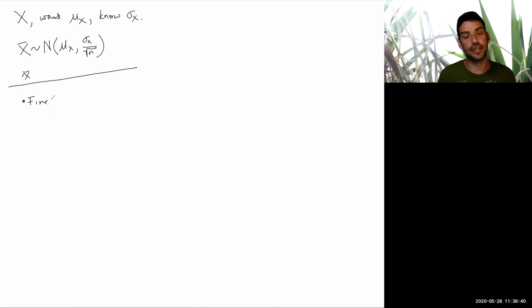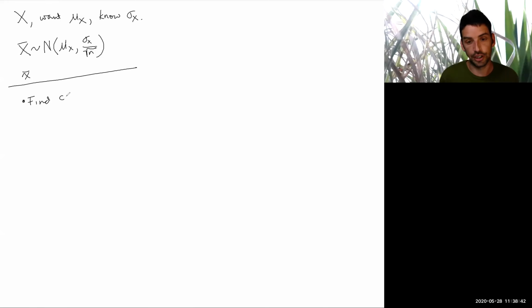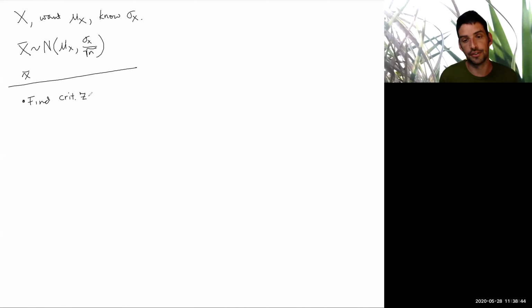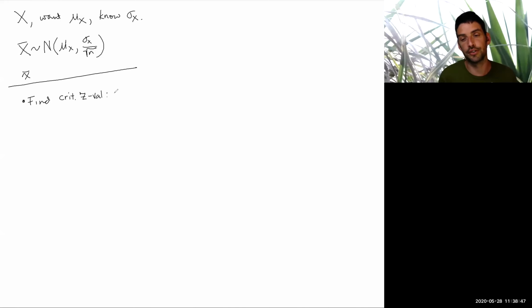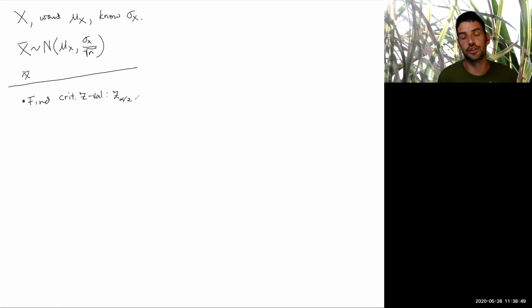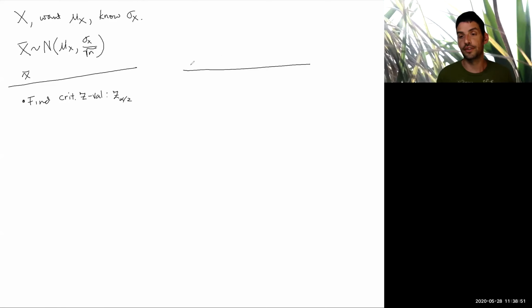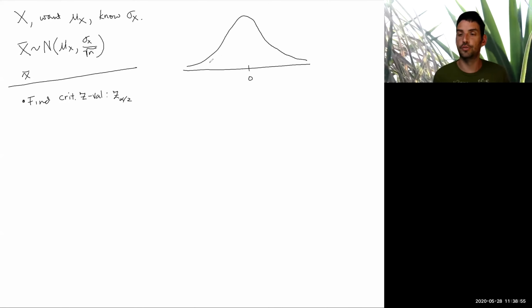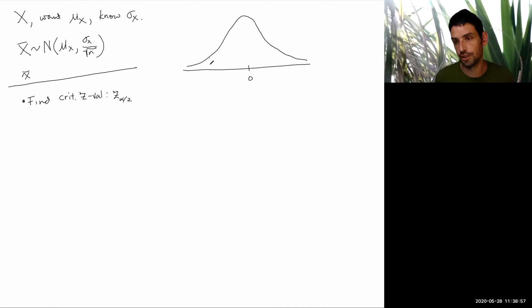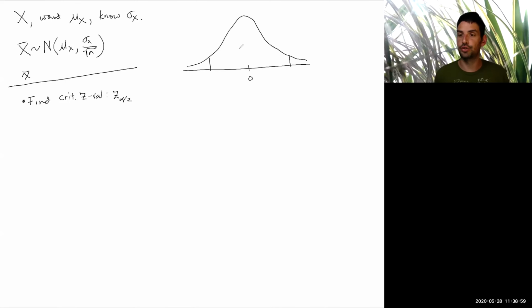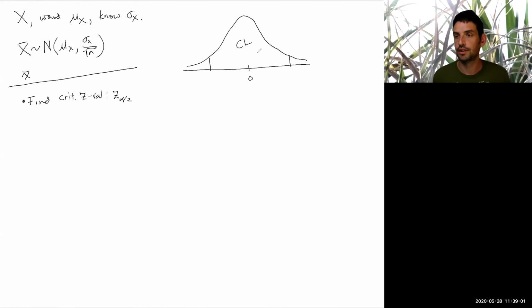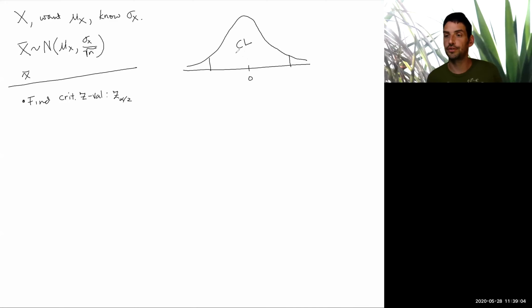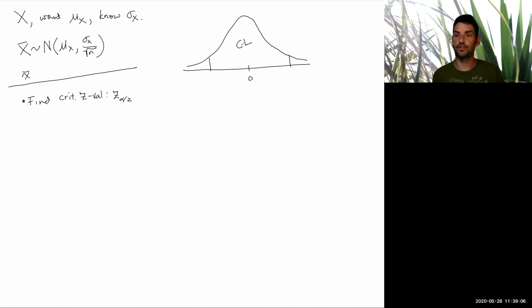Then we have to find the critical z values. That's what we call these sometimes, that I called z of alpha over 2, right? So all that means is if you have a standard normal distribution, the area between these two critical z values is the confidence level.